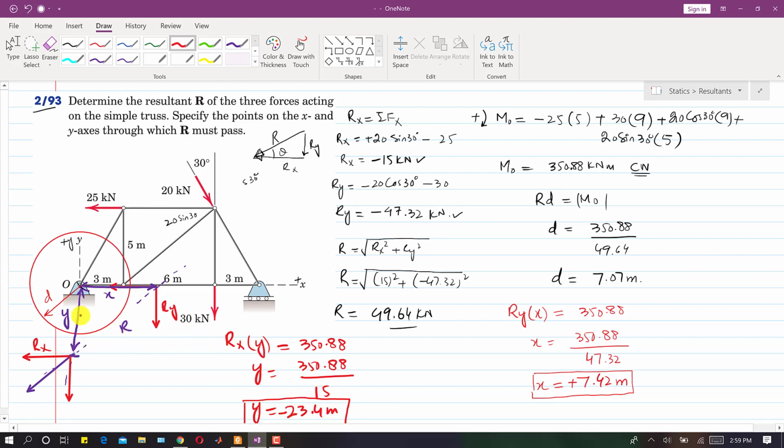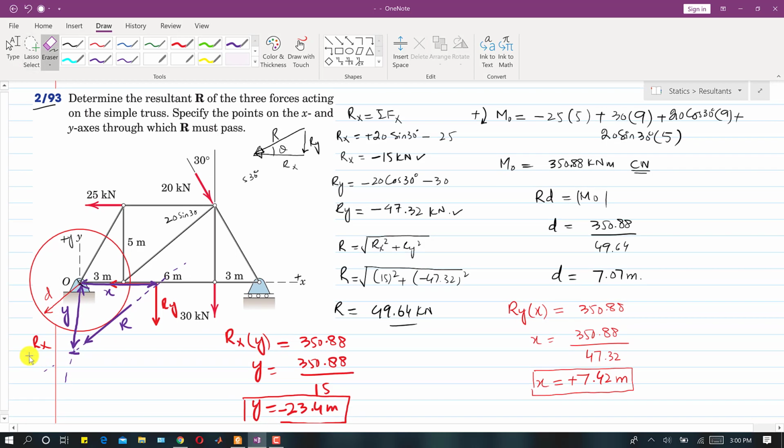Now we move this force back to its original position. Let's suppose this is the position of this force, right? And let me remove these components.